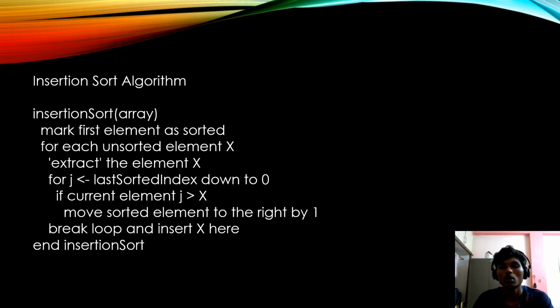We use a for loop for j from the last sorted index down to 0. Then if the current element is greater than x, we move the sorted element right by 1. Now we insert x here and break the loop. Therefore the insertion sort ends here.